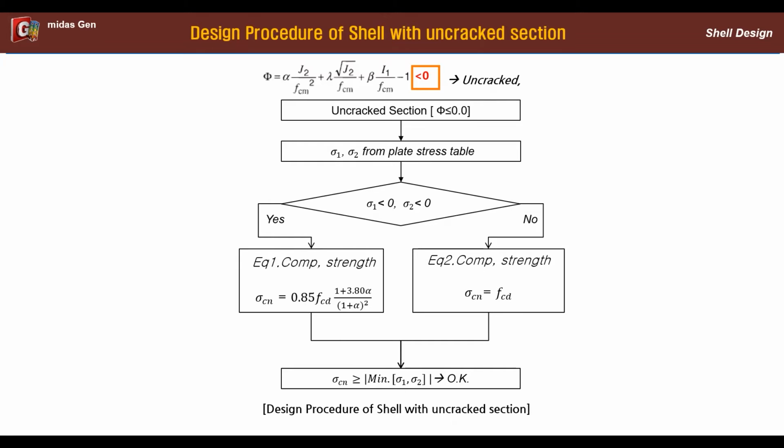However, if sigma 1 or sigma 2 is less than 0, you should use equation 1 for calculating concrete compressive strength, sigma Cn. And if sigma 1 and sigma 2 are greater than or equal to 0, you should use equation 2 in order to calculate concrete compressive strength, sigma Cn. Lastly, minimum absolute value of the sigma 1 and 2 should be lower than sigma Cn in the shell design of the uncracked section.